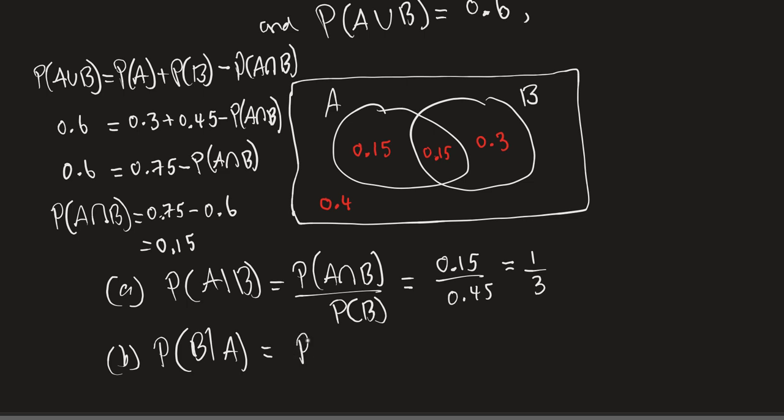If we write it down, by definition, this is the probability of B intersect A, and we now have to divide by the probability of A. But remember, B intersect A is the same as A intersect B. So this numerator is the same as this numerator, but here we have a different denominator, right? So it's not going to work out to be the same. Basically, the conditional probabilities are not commutative. I can't switch the events and expect the result to be the same, right?